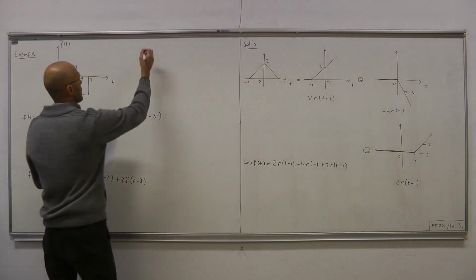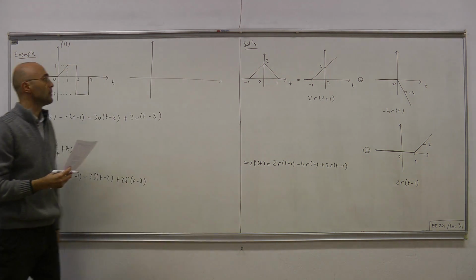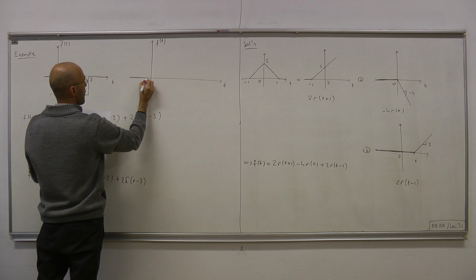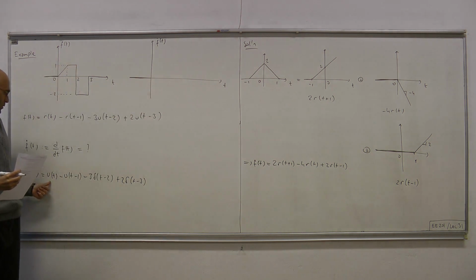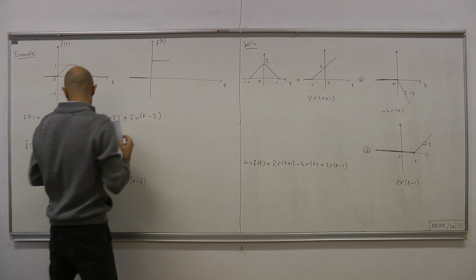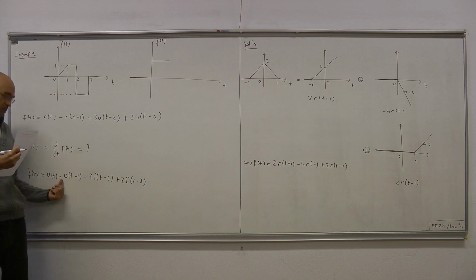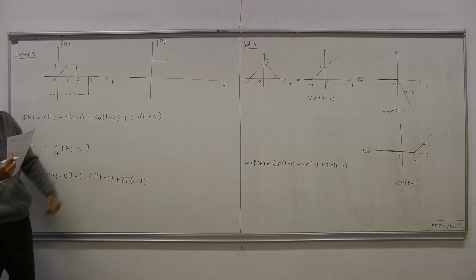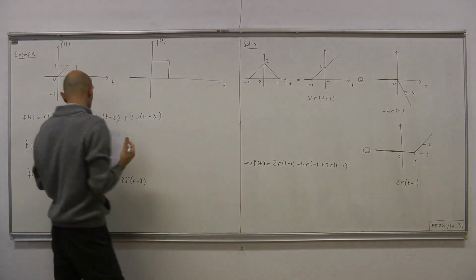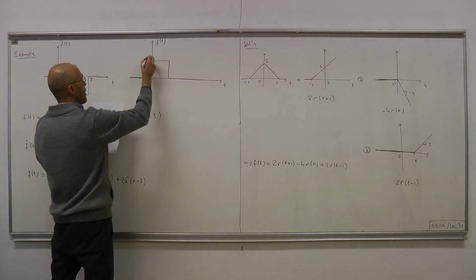And if you want to sketch f dot of t, this is what you have. It's u(t) until t equals 1. And then from that you subtract this step. Because we have a minus 1 here, everything goes down 1 unit and remains constant there. Okay. And then things will remain constant: 1, 1, 0.